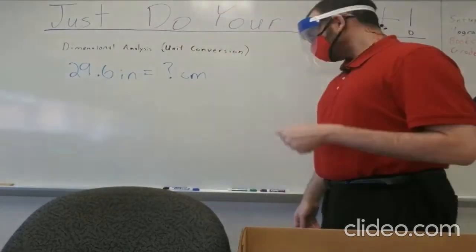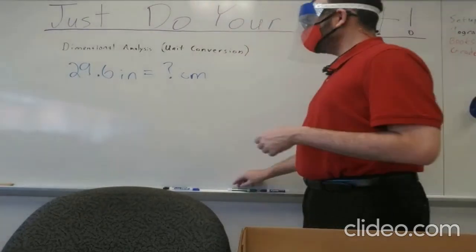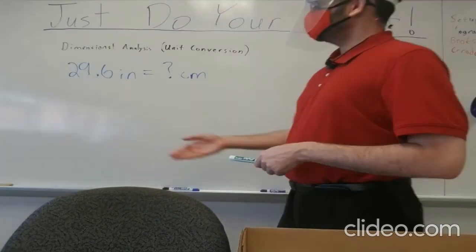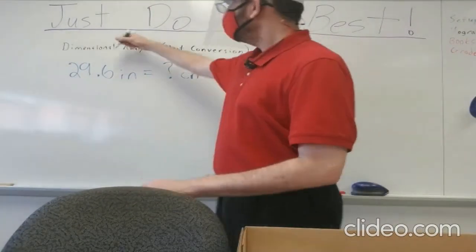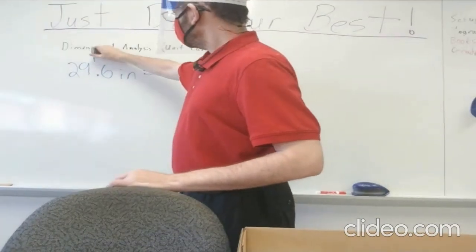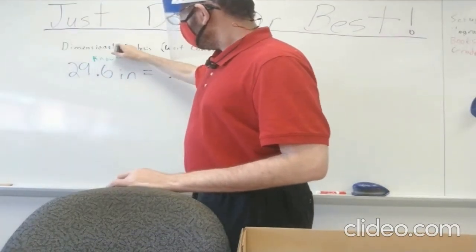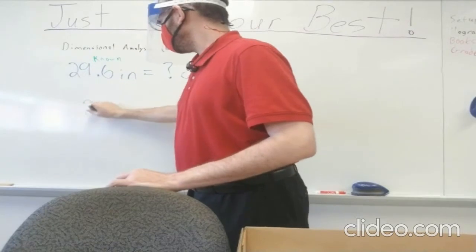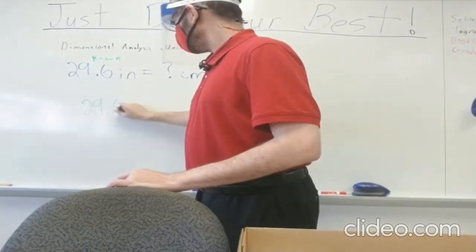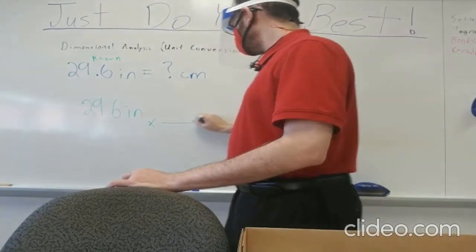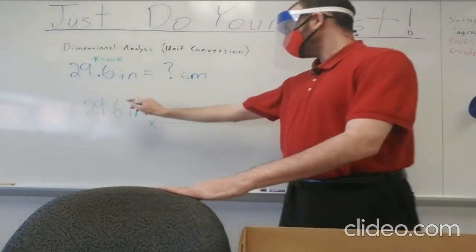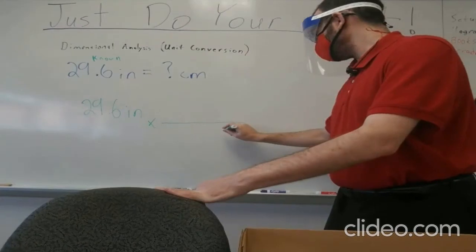When doing dimensional analysis, the very first thing you do is you look at what the problem gives you. That is your known value. You're going to take your known value and write it down with the unit, and you're immediately going to put a times and a line and take the unit and drag it down.